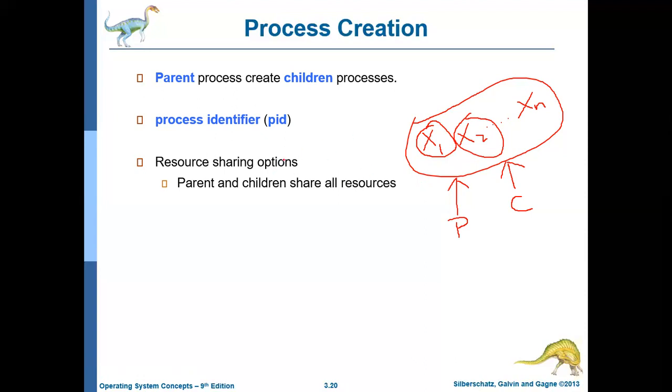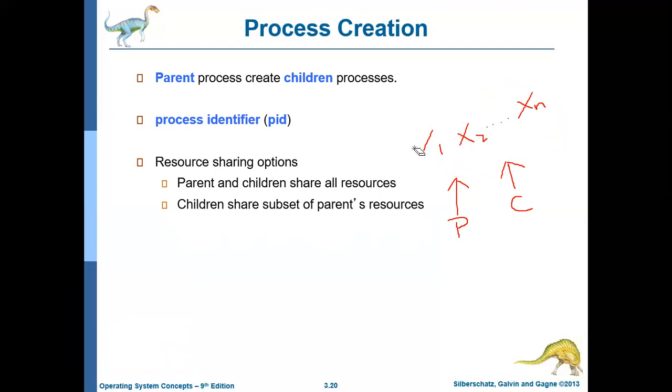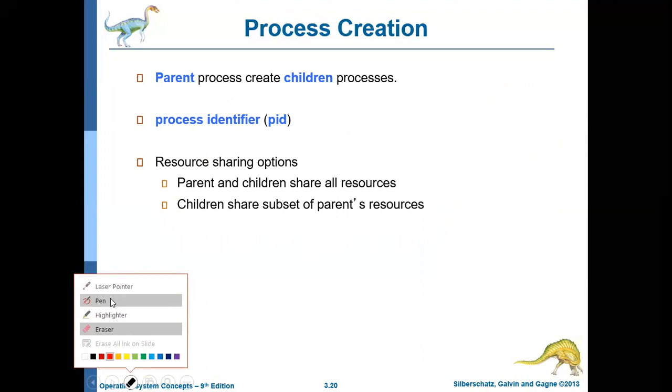In the second case, a subset of the parent's resources will be shared by the child. So not all the resources of the parent are shared by the child; rather, only a subset of the parent's resources is shared.